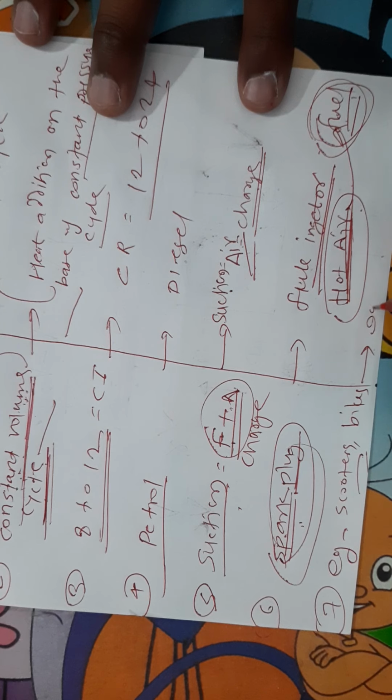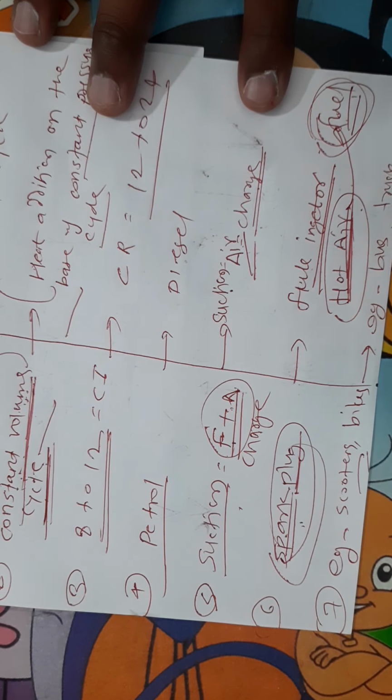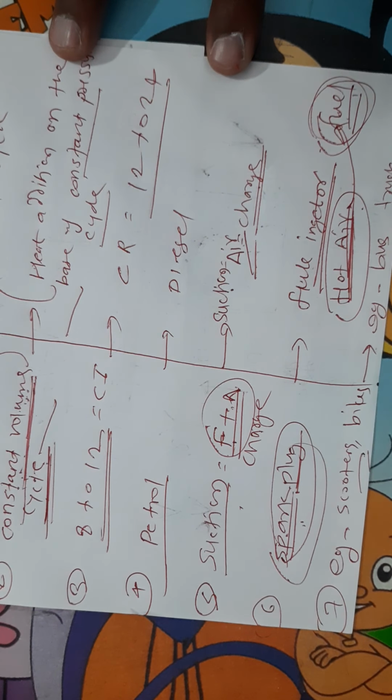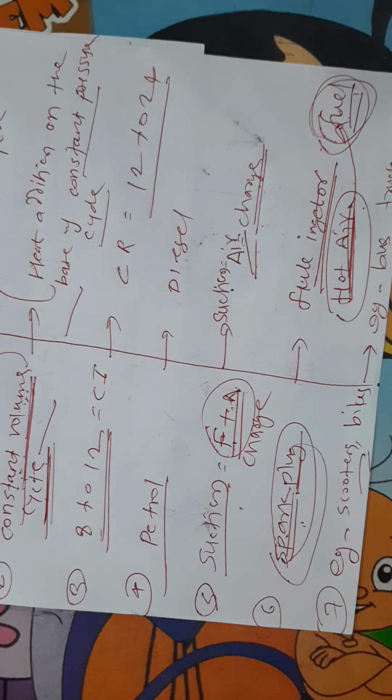And we have some examples like buses and trucks. All these are examples of our compression ignition engine. So the four-stroke compression ignition engine or diesel engine is found in buses and trucks, etc., and scooters, bikes, all those devices have the spark ignition engine or SI engine.